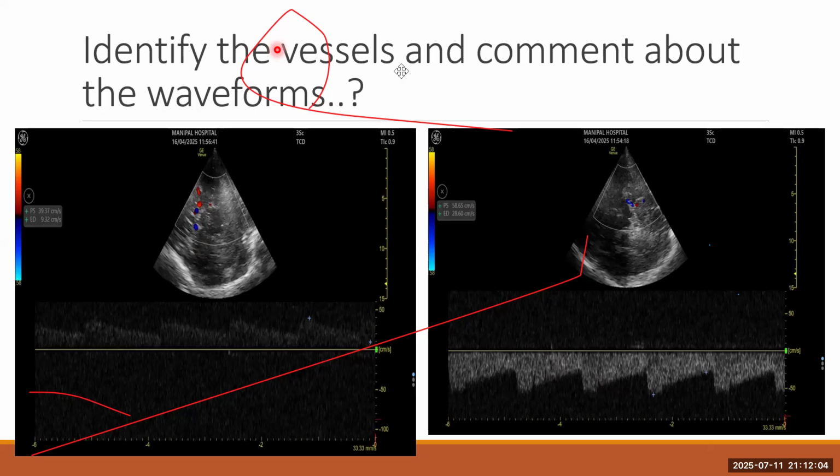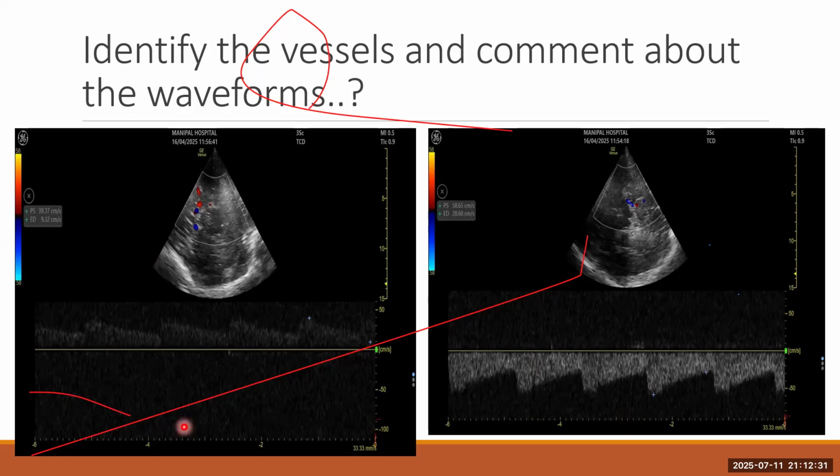If there is a patent posterior communicating artery, in 30% of cases the fetal PCA, the PCOM, can normally also be present. Here, this was one such patient where P2 was higher than P1, and this could possibly be a persistent fetal PCA.